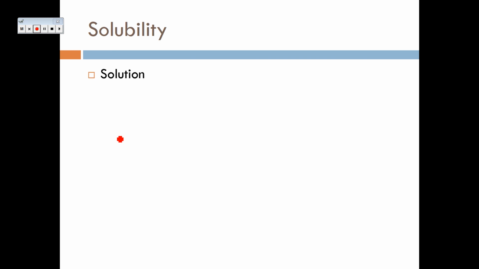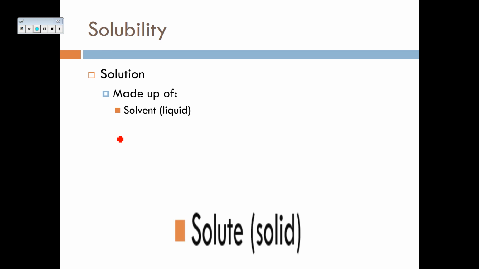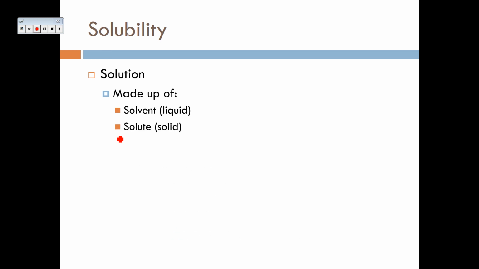Solubility. A solution is made up of a solvent, the liquid, the larger part of the solution, and your solute, which is your solid or the smaller part of the solution that you are dissolving into the larger liquid.